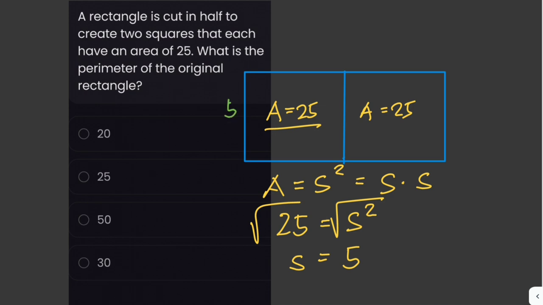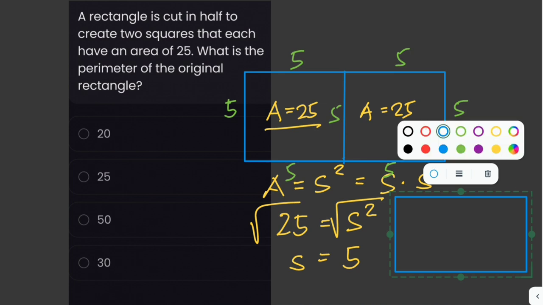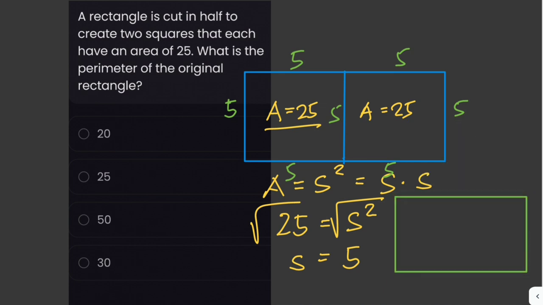So that means this side here is 5 as well as this one, because the square has equal sides. And now our rectangle, let's draw another rectangle here. So now our rectangle has dimensions of 10 for the longer side and then 5 for its width.